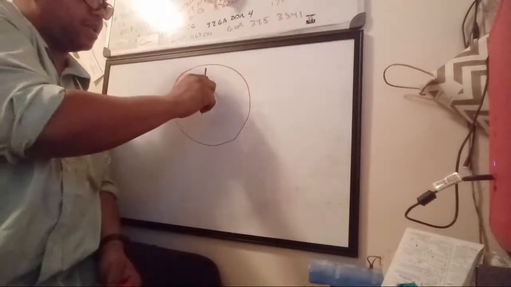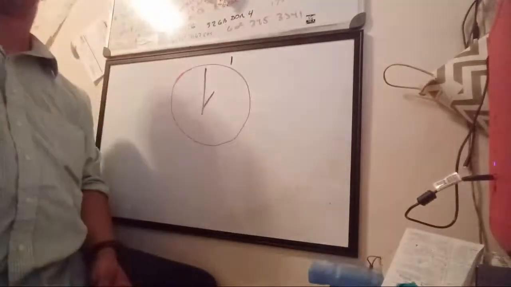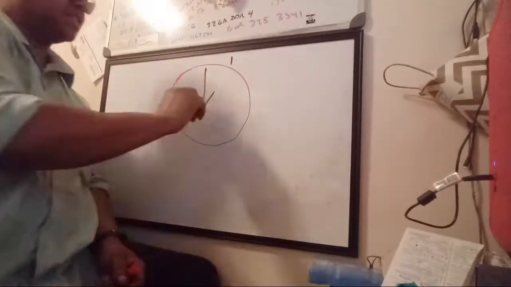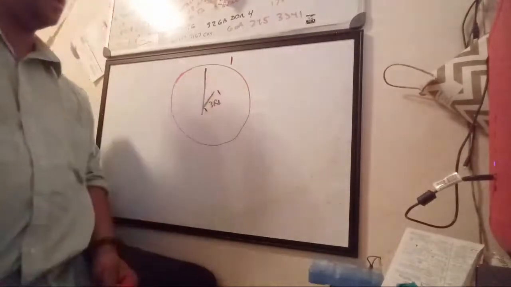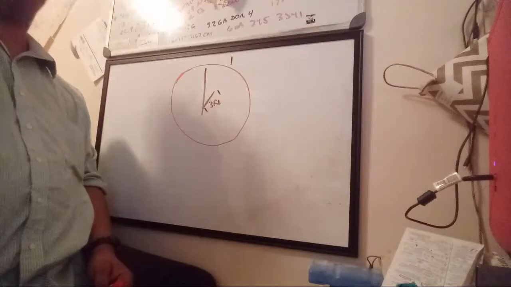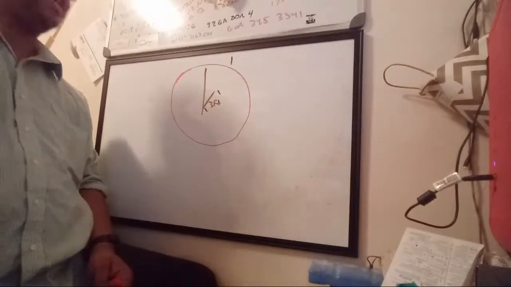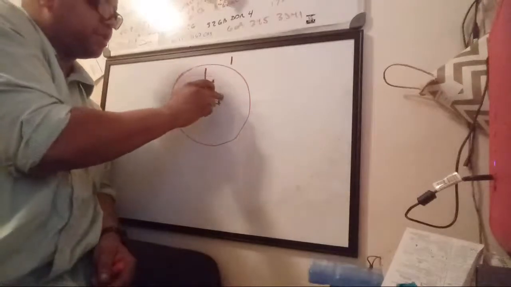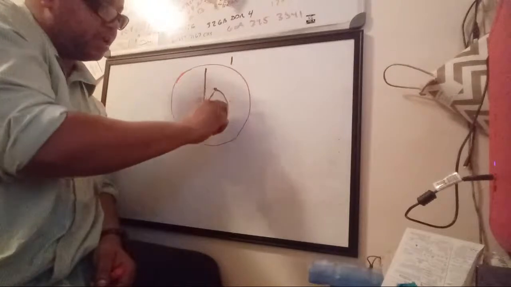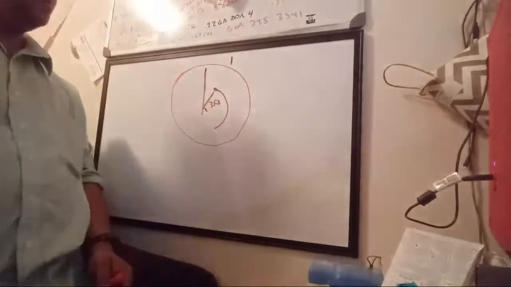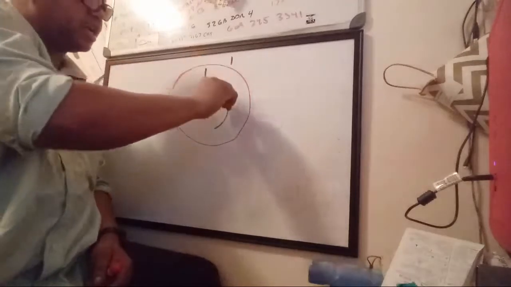The hour hand is pointing at 1 o'clock, but this particular hand is 3 feet long. Now, I want to know how many feet the tip of this thing moves when it moves from 1 o'clock to 5 o'clock. So this is the distance that we're keeping track of.